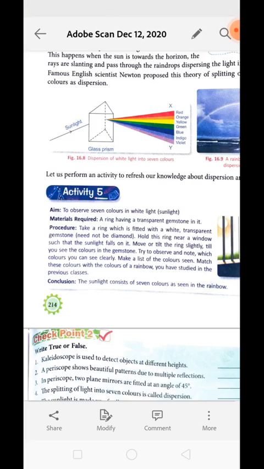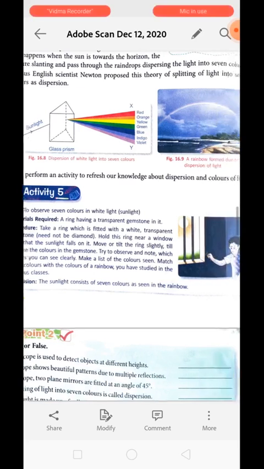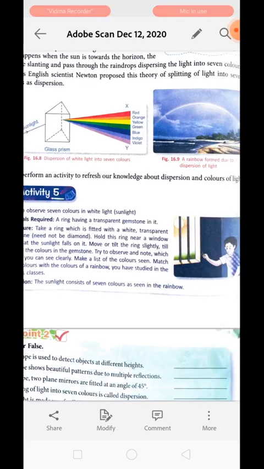Now hold the ring near the window in such a way that light falls on it, and move it. Tilt the ring slightly till you see the colors of the gemstone. Try to observe and note which colors you can see clearly. Now make a list of those colors and match the color pattern to the rainbow colors. Understood? After performing this activity, we will be able to know that sunlight has 7 colors.